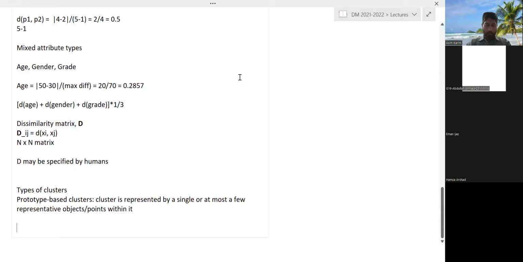Another way of characterizing clusters is through density-based clusters. As the name suggests, a cluster is a dense region of objects.